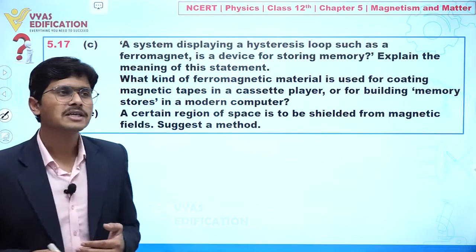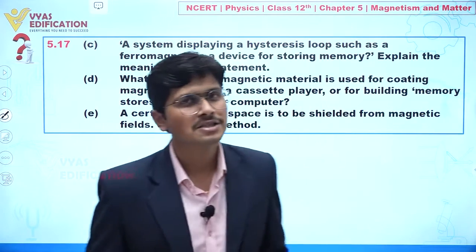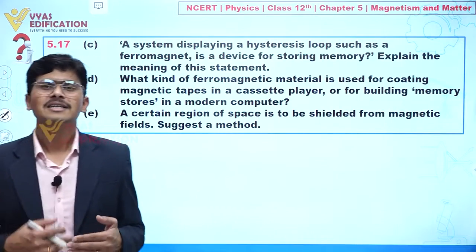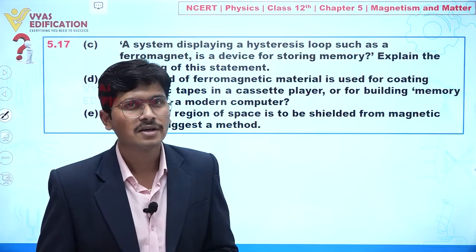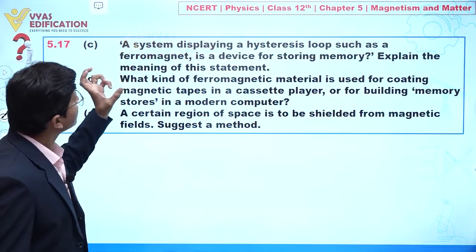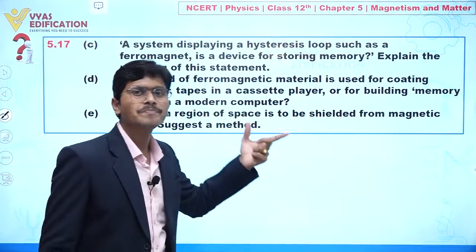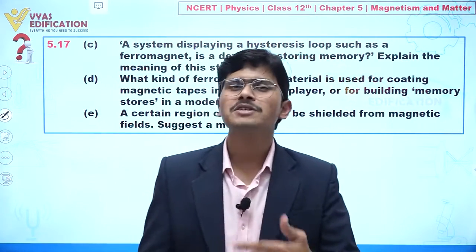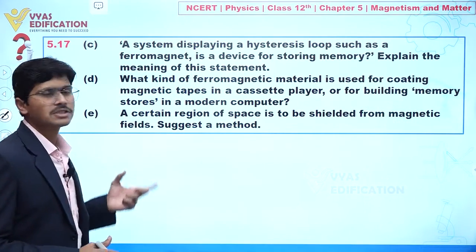So the more the number of times this cycle is repeated, the less value of magnetic field we will find corresponding to that magnetizing field. So we can utilize this system of hysteresis loop as storing memory, and it can represent the number of times this magnetic cycle is completed. Clear? So this is the meaning of this statement.